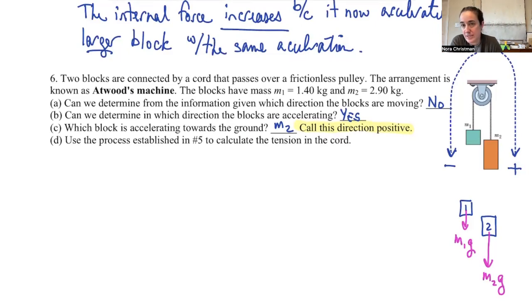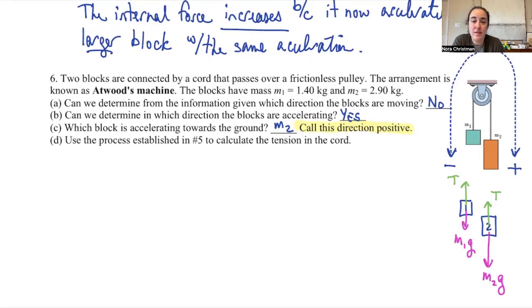Well, we know M2 accelerates downward, so the tension force on M2 must be less than the weight of that block, because otherwise it would accelerate upward. We also know that M1 accelerates upward, so the tension on M1 must be greater than its weight.